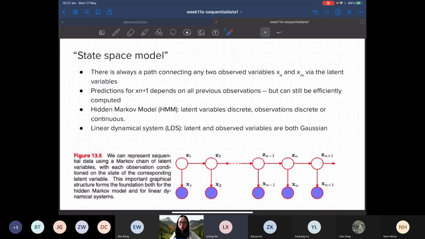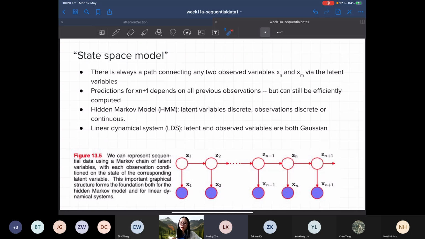There is no coparent of nodes. If we moralize this graph, we just remove all the arrows, right? We can see there is always a path connecting any two observed variables, xn and xm. If we ignore all the arrows, nothing is d-separated or conditionally independent of another variable if we don't condition on anything.